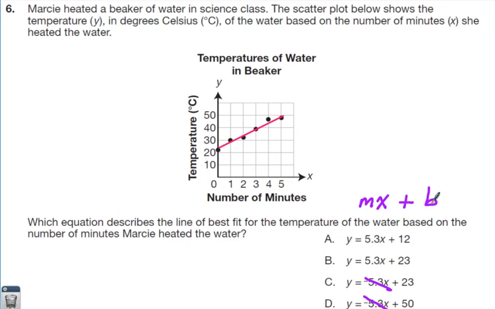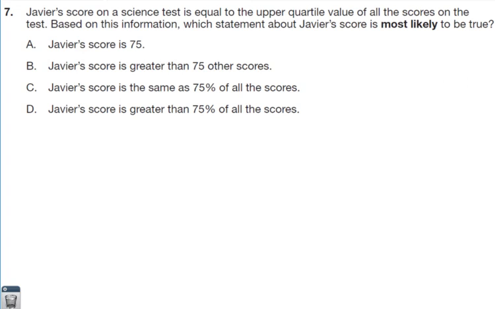So it seems like the y-intercept of this would-be line of best fit is definitely more 23 than 12. 12 is down here. So the tiebreaker being the y-intercept of 23, I'm going to pick B. Number 7, Javier's score on a science test is equal to the upper quartile value. Upper quartile means upper median or third quartile.